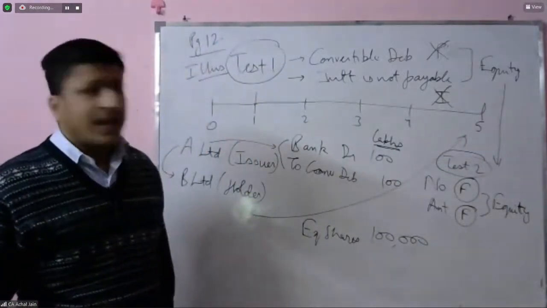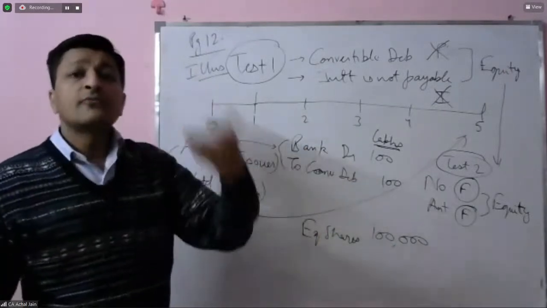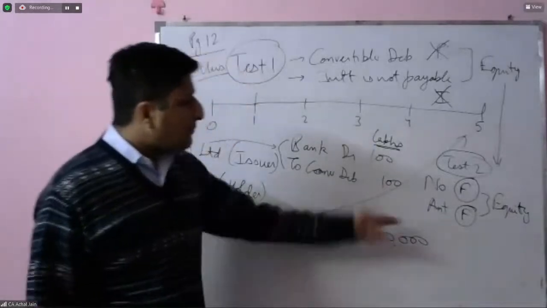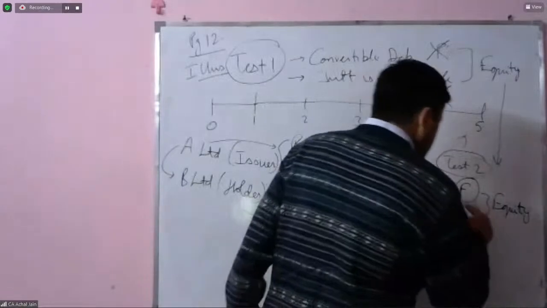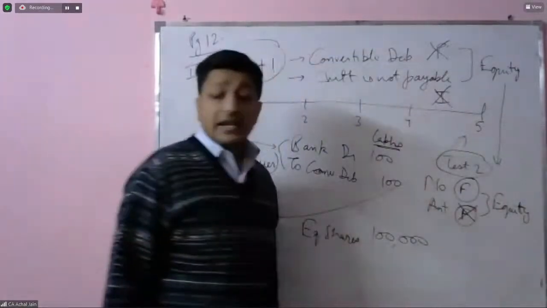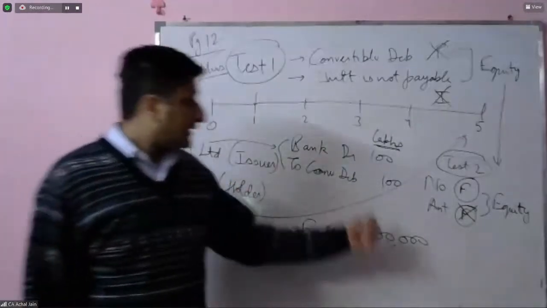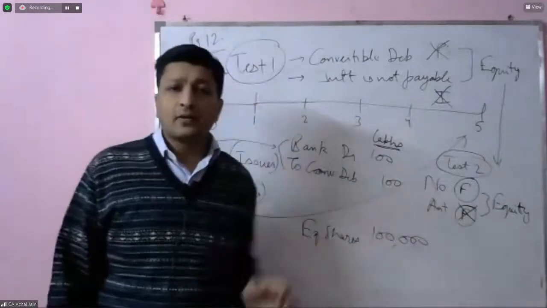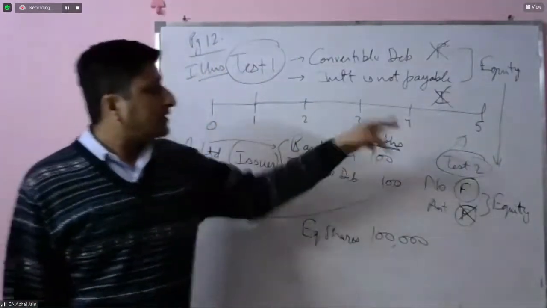Now, in case the amount is not fixed, like we discussed that these parties have agreed on day 0 that 1 lakh shares will be issued, but at an amount to be decided later on, or at a market rate to be checked at the end of the 5th year.